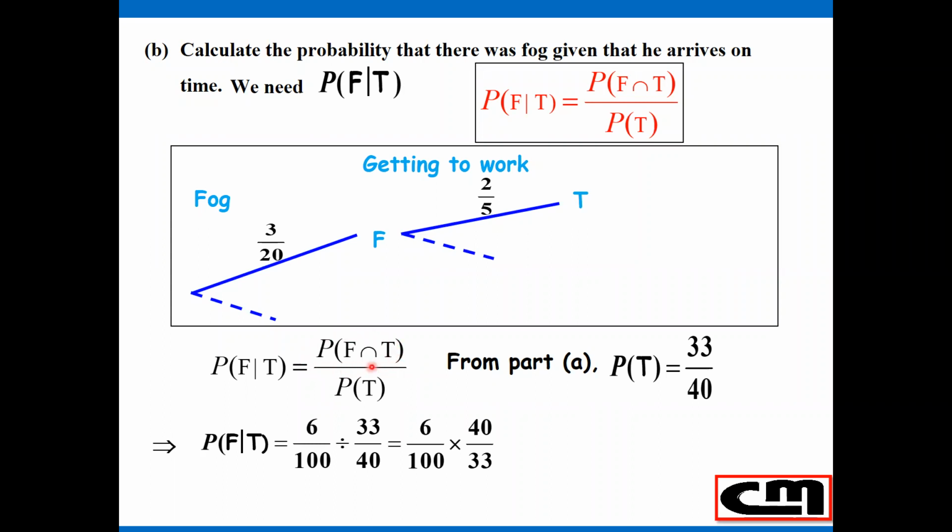So we are saying this is 6 over 100, that is this times this, right? 6 over 100 divided by the probability of T, which is 33 over 40. Once you write it this way, then you change this division into a multiplication sign, and you substitute this divisor by its reciprocal or its inverse, which is 40 over 33. That is, denominator becomes numerator, numerator becomes denominator.